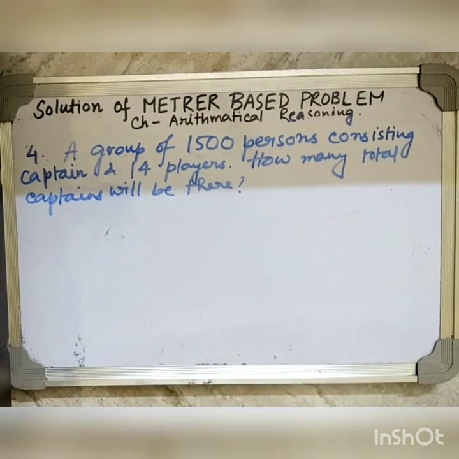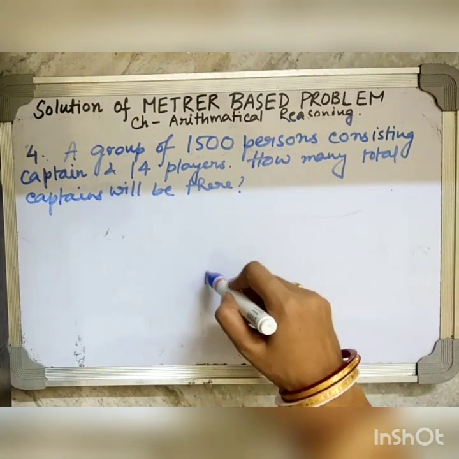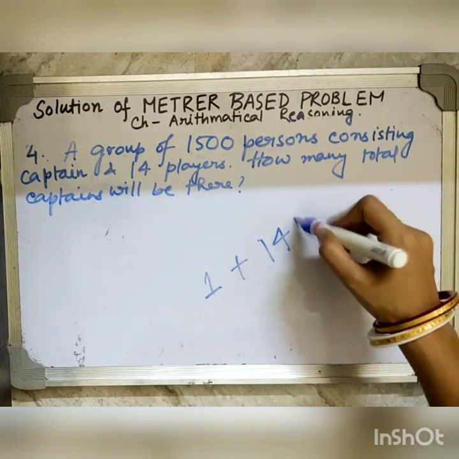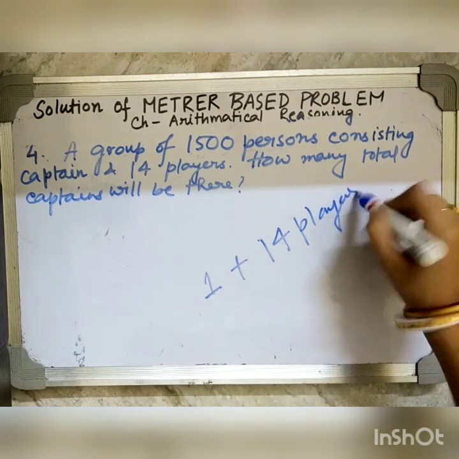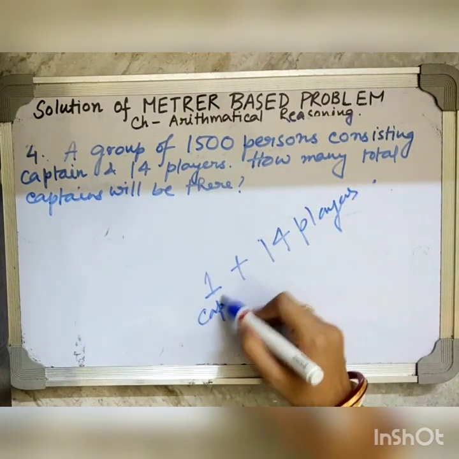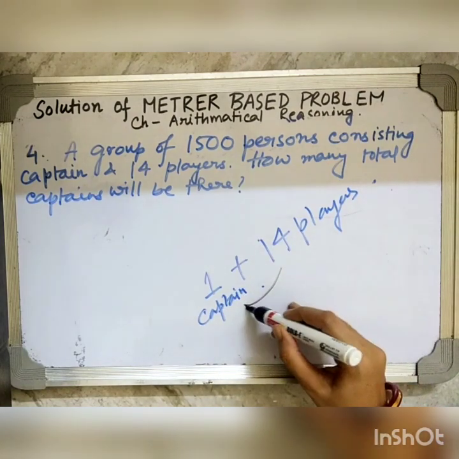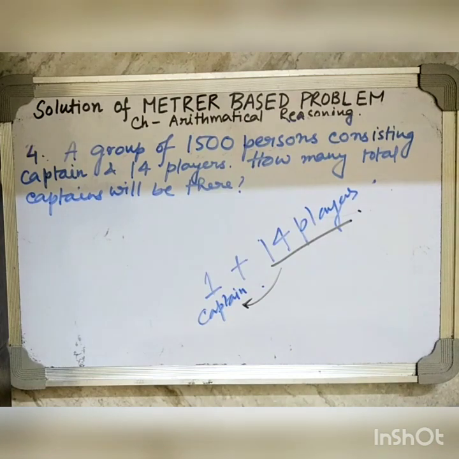Now in question number 4 it is written, a group has 1500 persons consisting of 1 captain and 14 players in a group. Okay. 1 captain will be there, and along with that captain, 14 players will play.